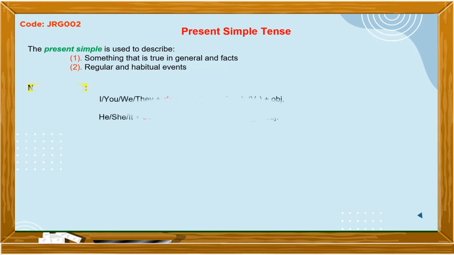So like I mentioned at the beginning of the video clip, in this video clip we're going to talk about the negative form of the present simple. Alright everyone, so here, like you can see on my screen, I divide the negative form into two forms so that you can understand it easily.